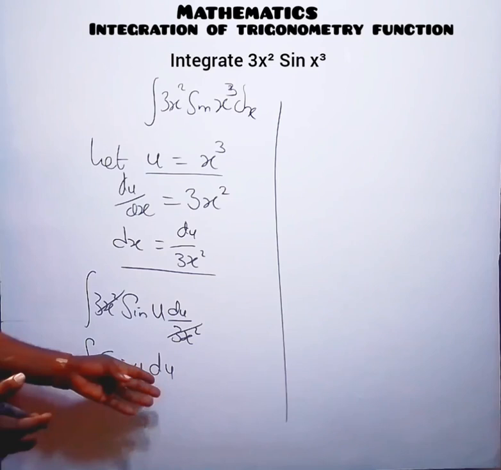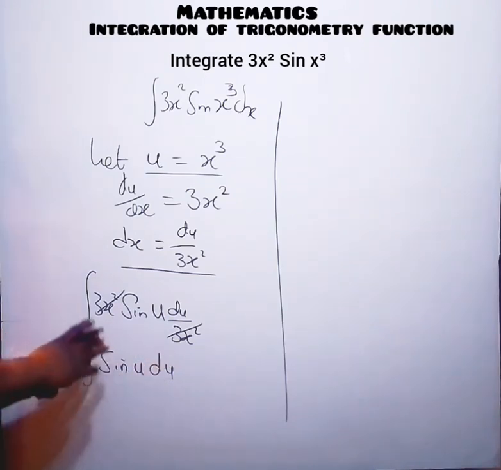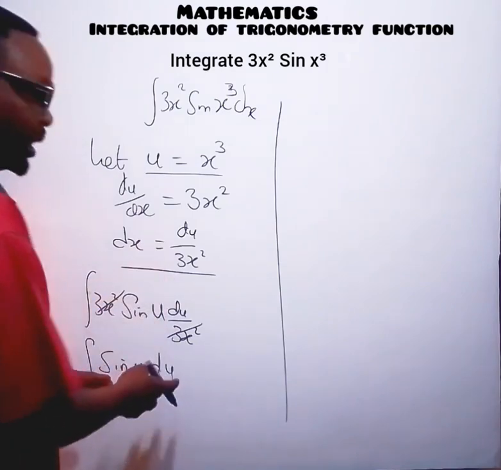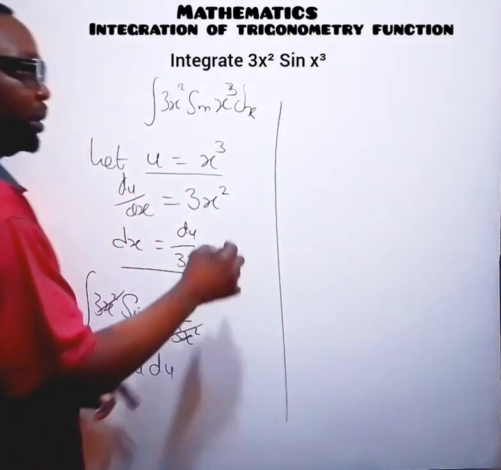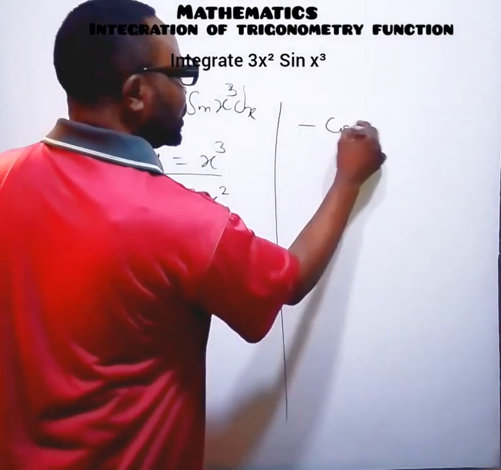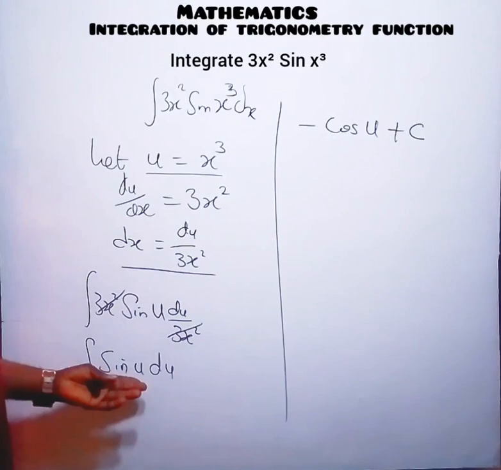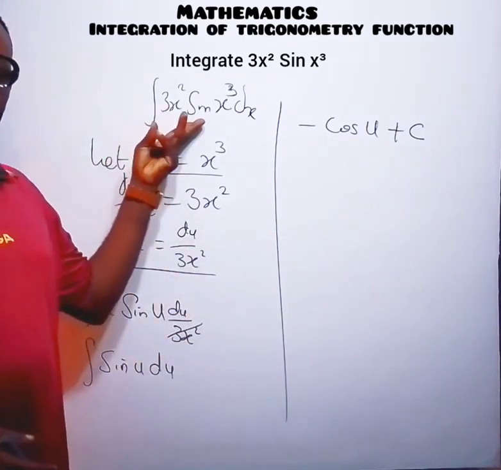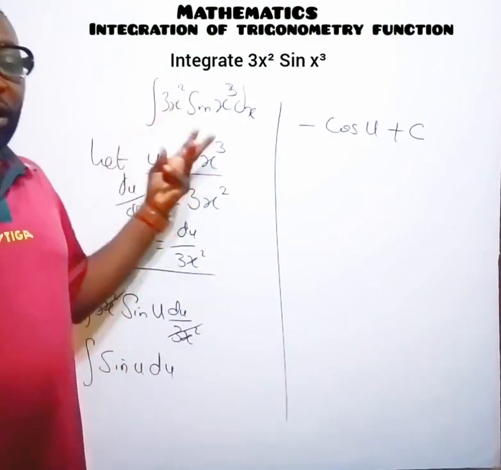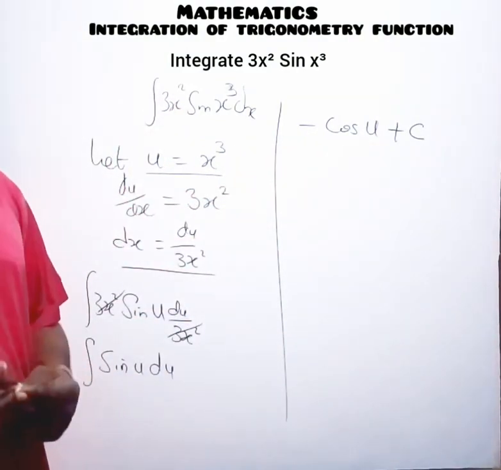So I will now try to integrate this expression that we have. Integrating sine u. Don't forget that the integration of sine u is minus cos u plus c. That is the integration of sine u itself. But what we are asked to do in the question given to us is in terms of x. So we have to change this u to that x expression.